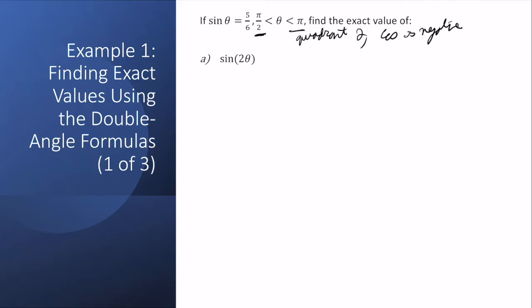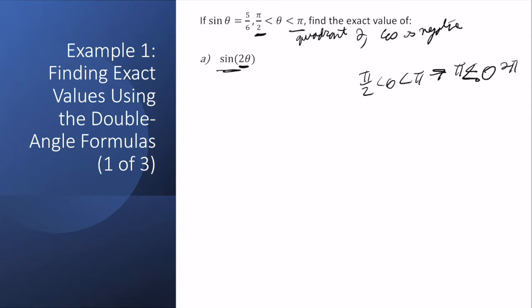And if I double this, I'm probably going to end up being in quadrant 3 where my sine is negative, right? Because now we're trying to find 2 times our theta. So whereas before I had theta from pi over 2 to pi, now I'm going to be going from pi to 2 pi, and that's where my sine is negative.